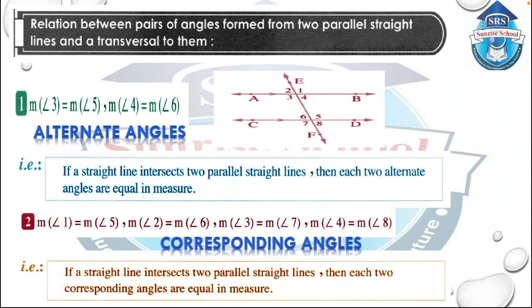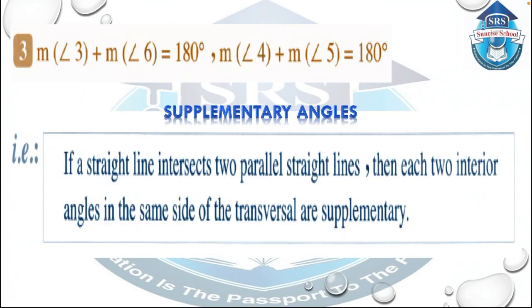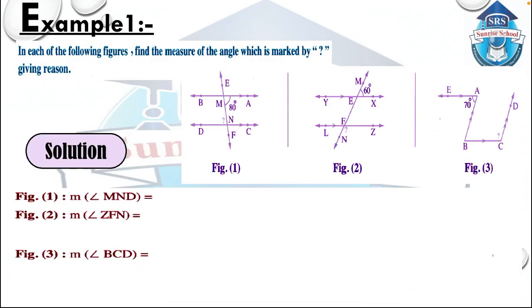And the supplementary angles: the angles made by the transversal and the straight lines, each two inside on the same side, the sum of them will be 180.